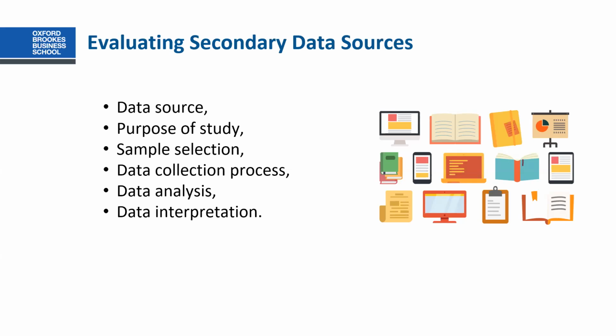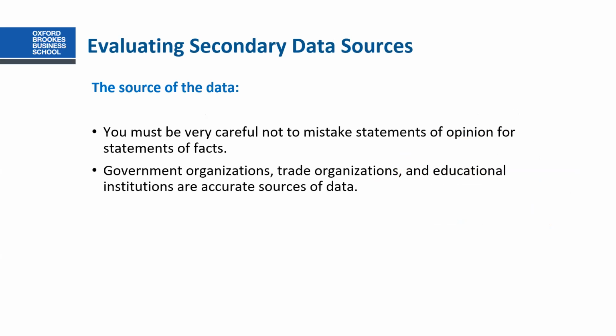However, as I mentioned previously, you need to evaluate the accuracy and the quality of the secondary data based on different criteria. First of all, you need to ensure the accuracy of the source of the data, as anyone can write and publish their opinions on the internet. There is no control or monitoring of what is published on the internet.